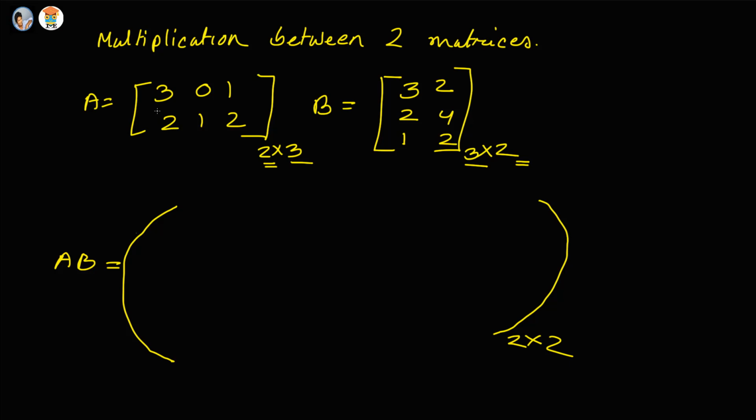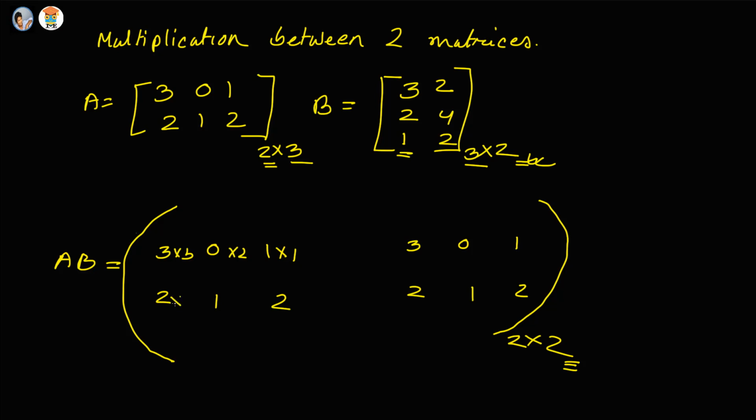So write down the first matrix twice. The number of columns second matrix has: 3, 0, 1, 2, 1, 2. Again 3, 0, 1, 2, 1, 2. Now take this column of the second matrix and write into 3, into 2, into 1. So you have just made it horizontal.